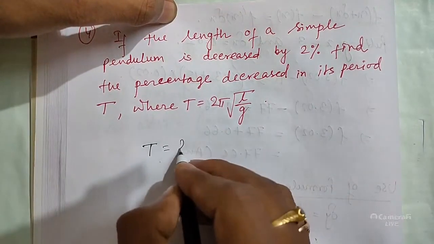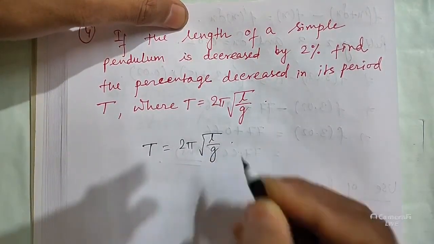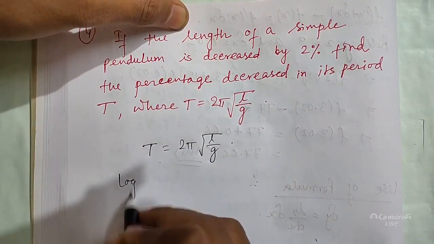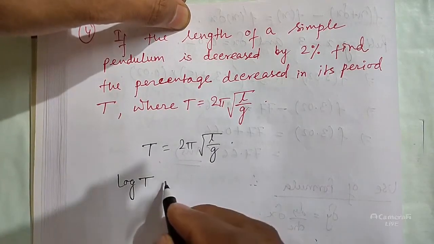If T equals 2 pi root L by G, what will be the value of log T? If we take log T, what will we get?